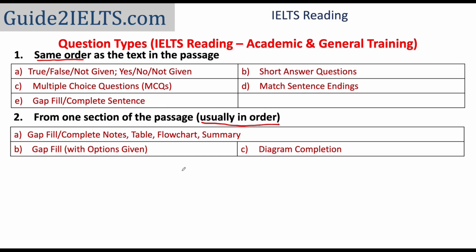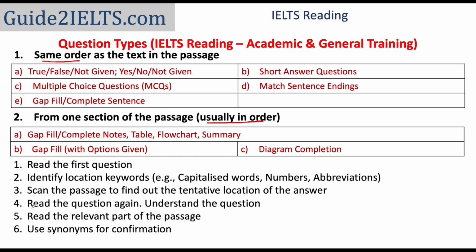In case of all of these question types, our target is always to look for location key information in the questions, scan the passage for the location of the answer, then read the question carefully, understand the question, and then focus on that part of the passage where we expect the answer to be.